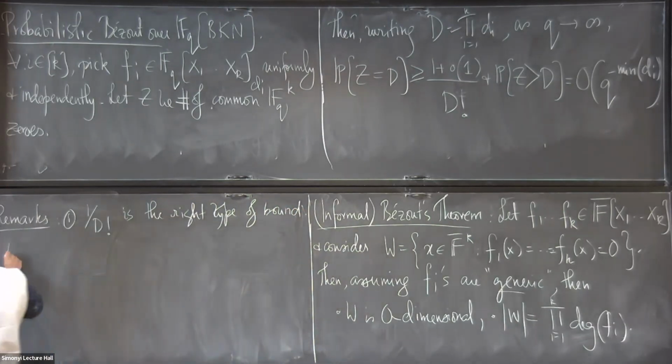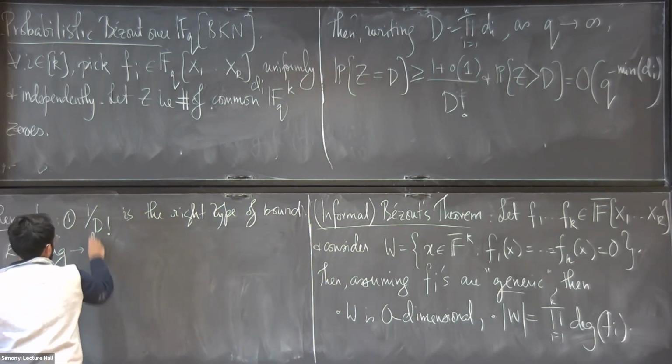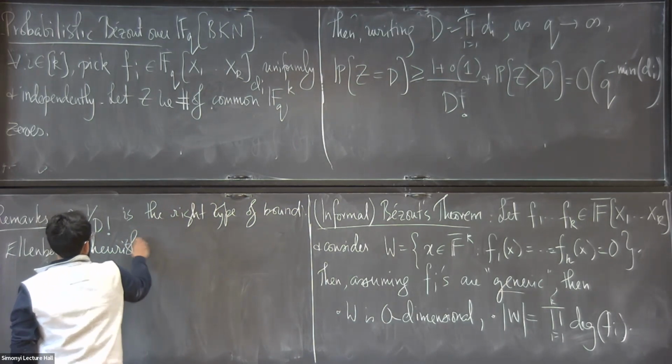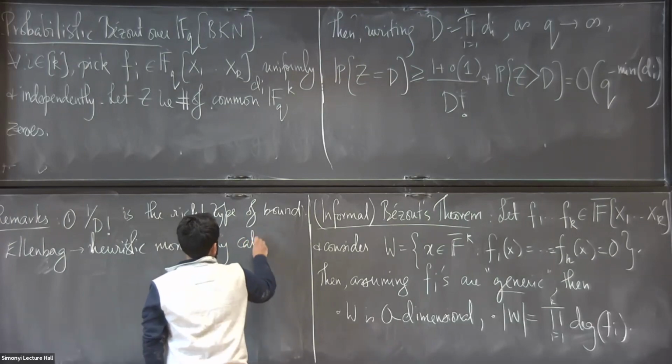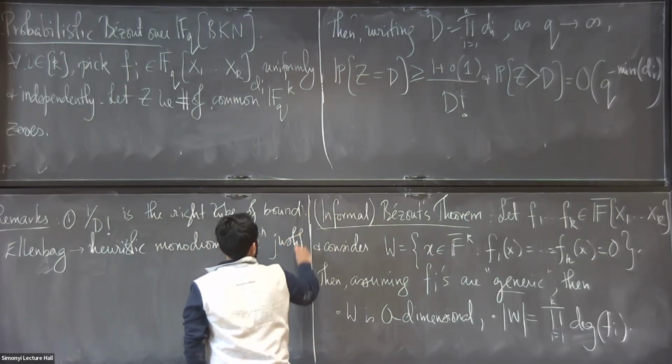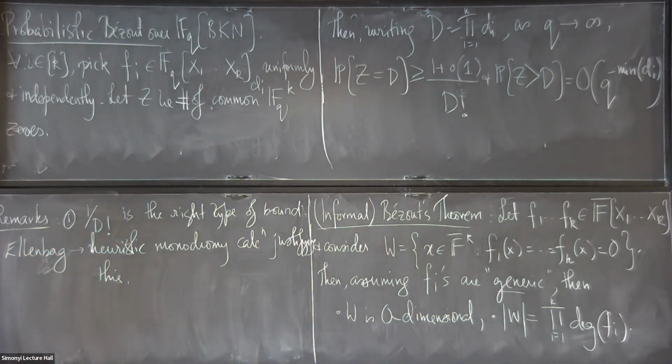Jordan Ellenberg showed us a heuristic monodromy calculation that justifies this and can be made rigorous. We had other heuristic calculations also justifying this, so I believe this. And if you put a gun up to my head, I'll prove it. But as I said, for applications, you only ever need that lower bound.